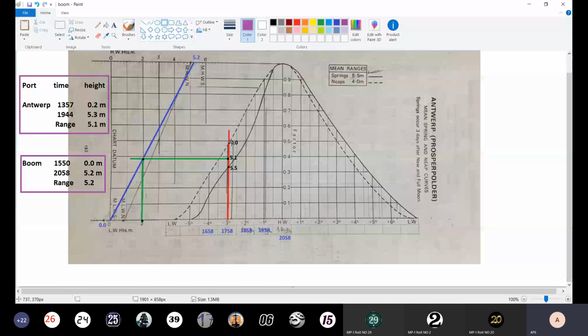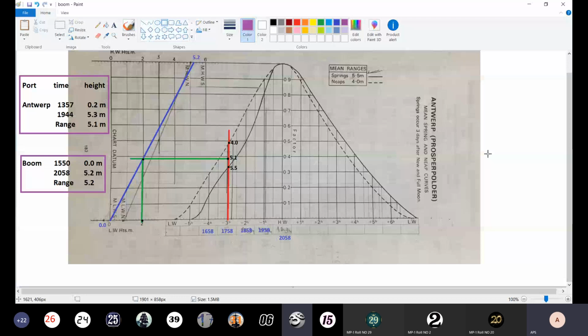But this is slightly more than that. So from 4 you have to come down more. So I have come here. This is my position for 5.1. From here I draw the green line, a horizontal line. Where it cuts the sloping line, I drop it down or I can take it up and read the answer. So the answer here is 2 meters. Height of tide will be 2 meters at 1800 hours.